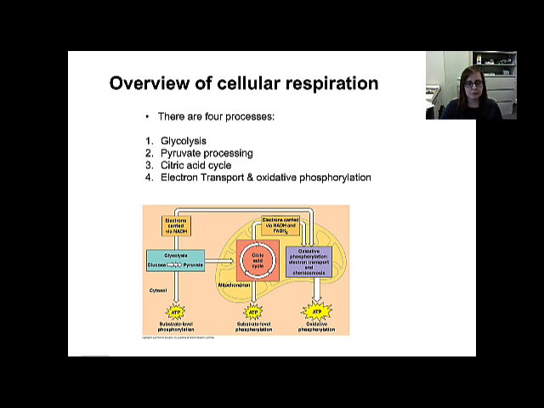The first step, which we'll talk about today, is called glycolysis. In glycolysis, we take glucose and convert it to 2 molecules of pyruvate. And this process happens in the cytosol of eukaryotic organisms. We generate some ATP in this process, as well as some NADH. The pyruvate then moves into the mitochondria, where it's processed and then gets incorporated into the citric acid cycle. We make more ATP and more NADH and FADH2.